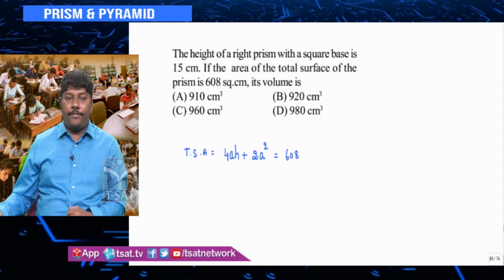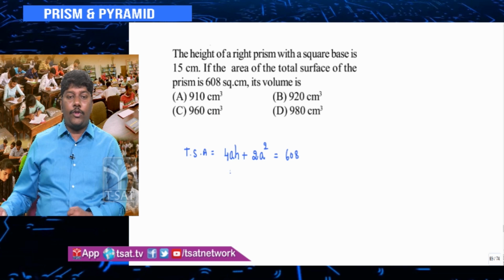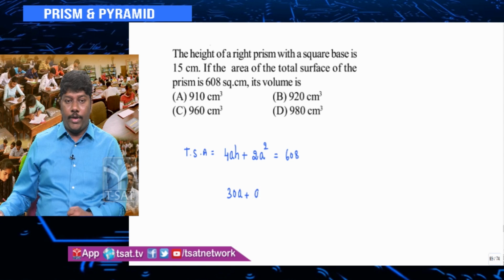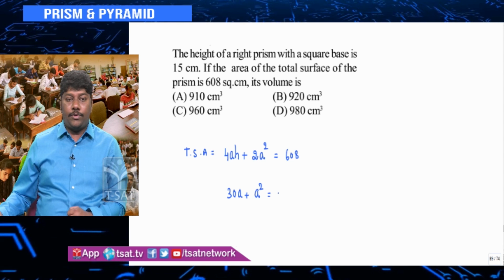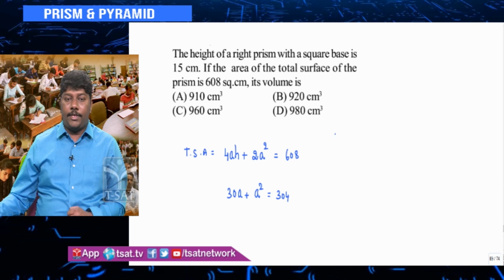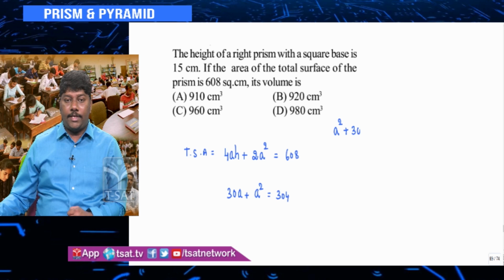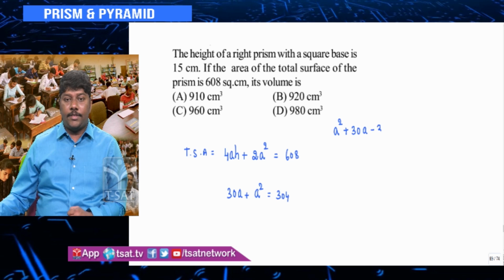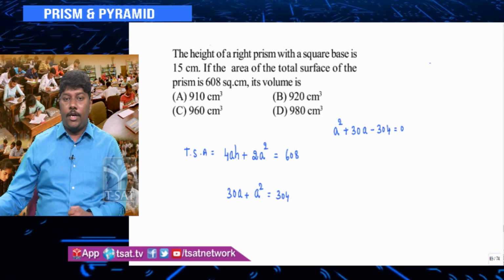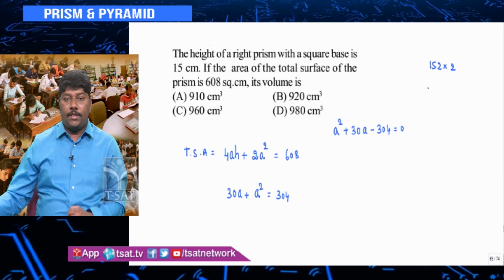Substitute the value of h and divide everything by 2. The value of h is 15. So if 2 is gone, 15 into 2, 30a. This 2 is gone, a square is equal to 304. You can substitute the value or you can just derive it. A square plus 30a minus 304 is equal to 0. 304 is 152 into 2. This is 19.